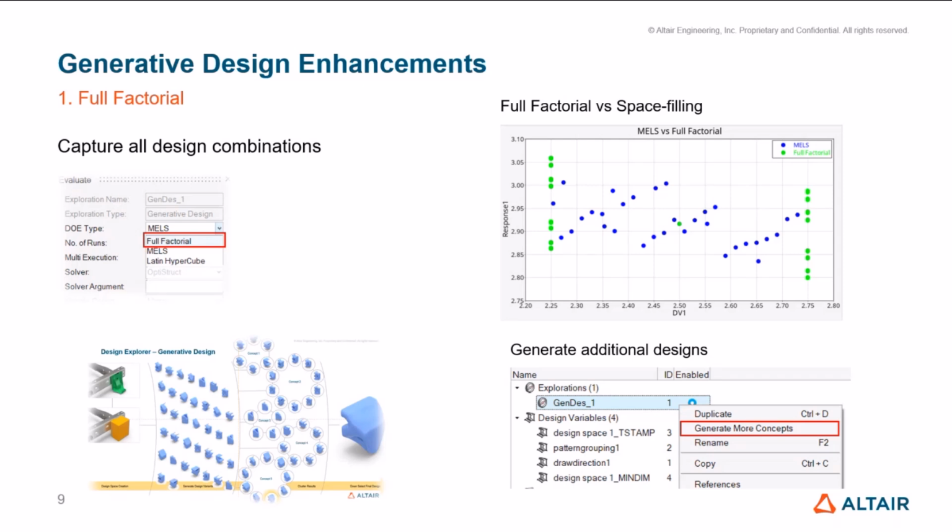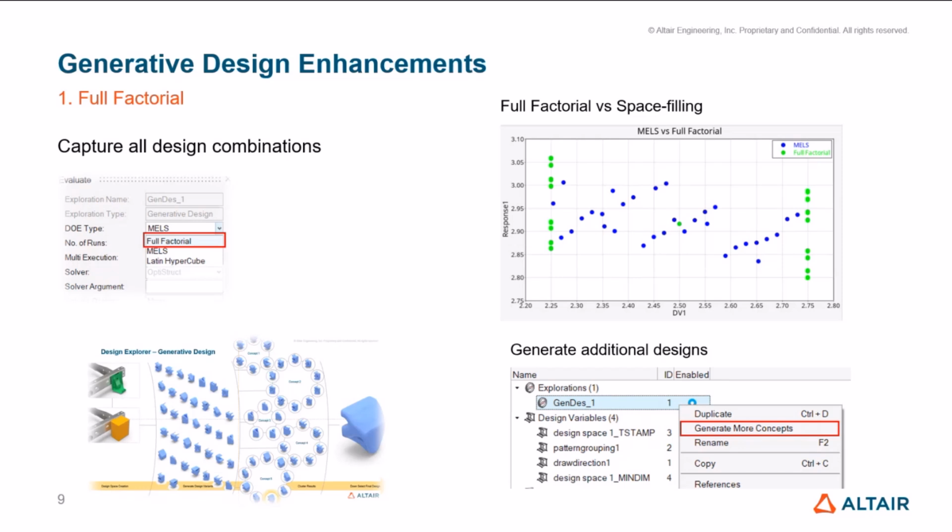So how does it choose which concepts to generate, or which combinations of attributes to try? It does that according to the DOE specification that you tell it. MELS is the default for all designs of experiments in Design Explorer, and generative design is no different. MELS, along with Latin Hypercube that you can see there, are space filling algorithms.